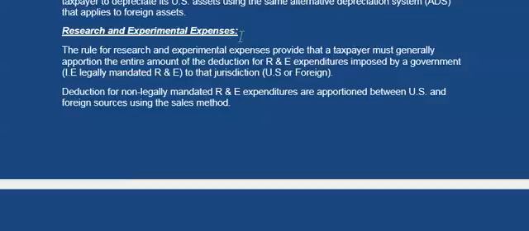Research and experimental expenses. The rules for research and experimental expenses provide that the taxpayer must generally apportion the entire amount of the deduction for R&D expenditures imposed by a government, that is legally mandated R&D, to that jurisdiction, that is US or foreign. Deductions for non-legally mandated R&D expenditures are apportioned between US and foreign sources using the sales method.